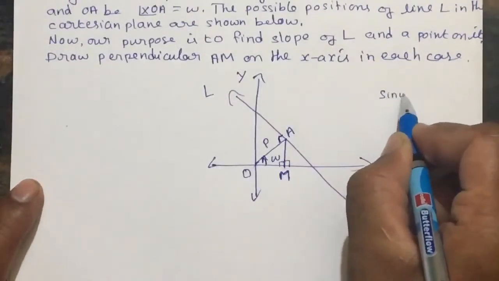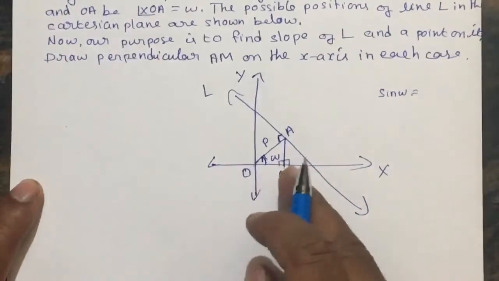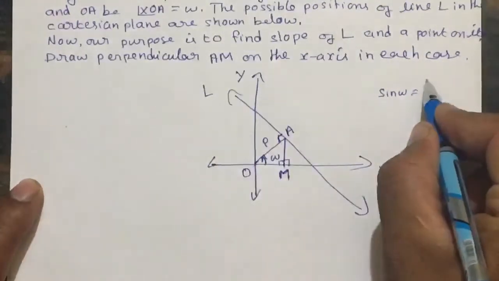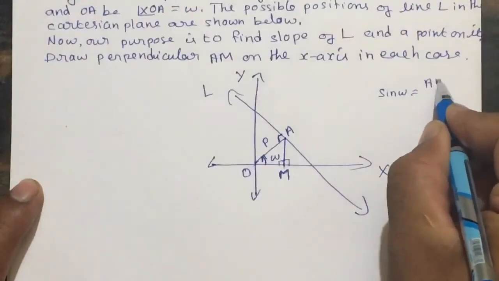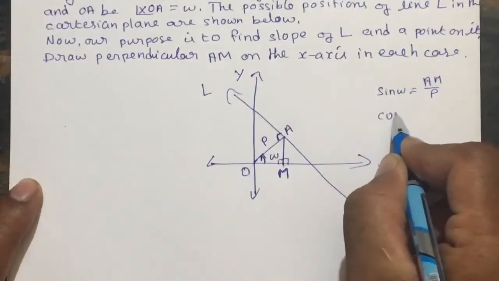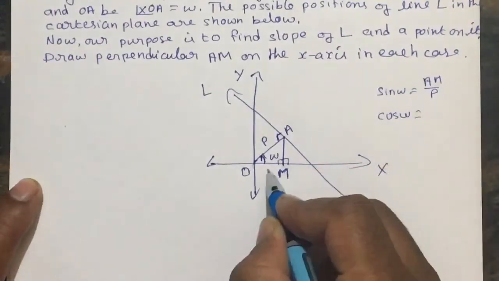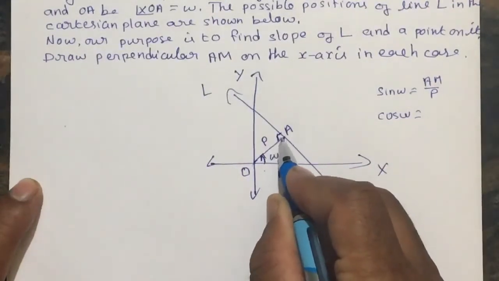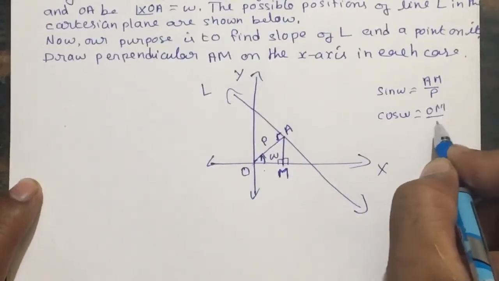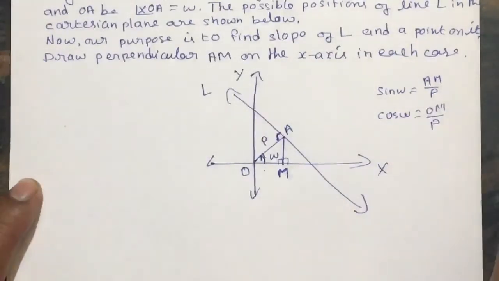So sin omega in this case is opposite by hypotenuse. Opposite is AM and hypotenuse is p. And cos omega is adjacent by hypotenuse, that is OM divided by p.